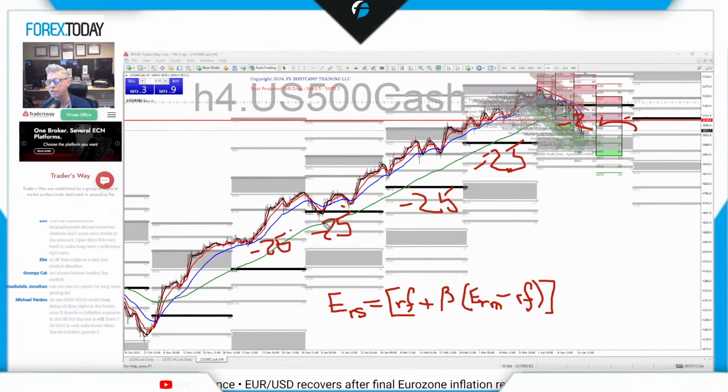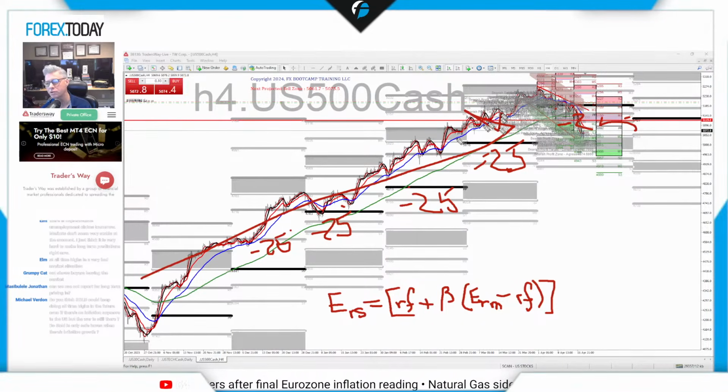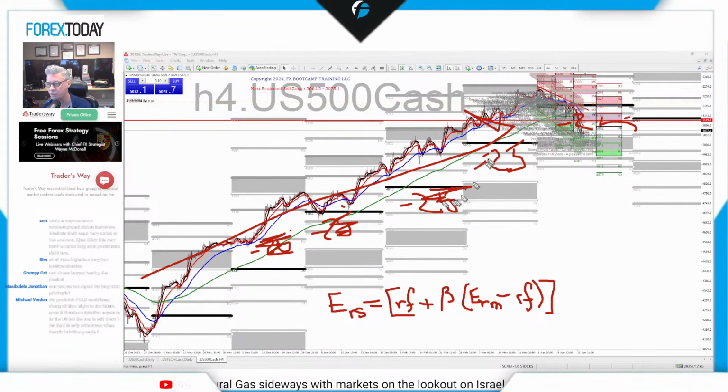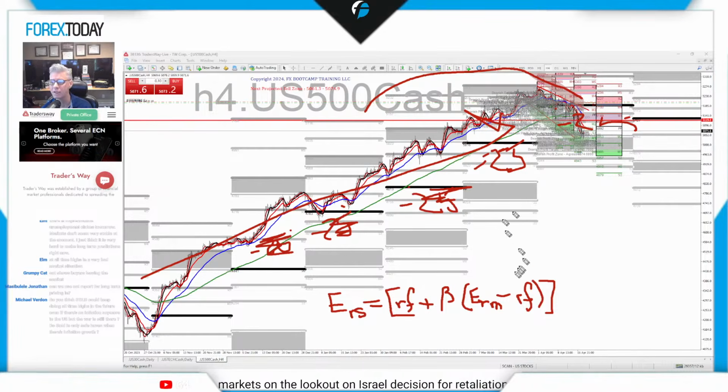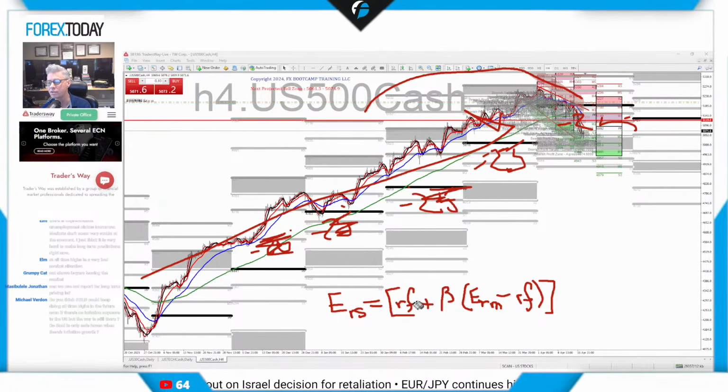As the market was going up, we were assuming it's going to be 6 cuts. Then it's not going to be 6, it's going to be 5, but that's still pretty good. And then it's not 5, it's 4, and then 3. And now we're getting to the point where there's maybe no cuts. And there's a big change here because what we're talking about is the risk-free rate of return.